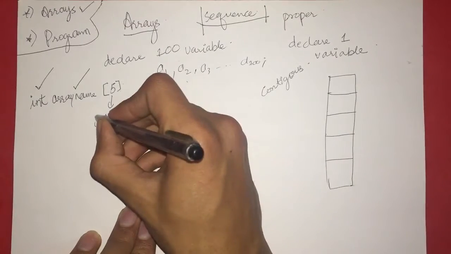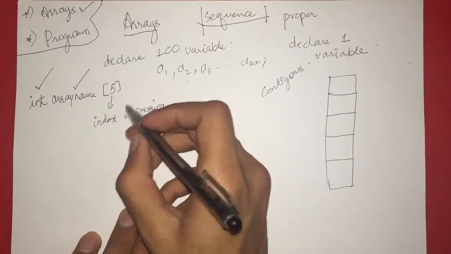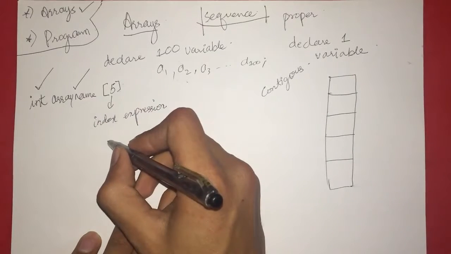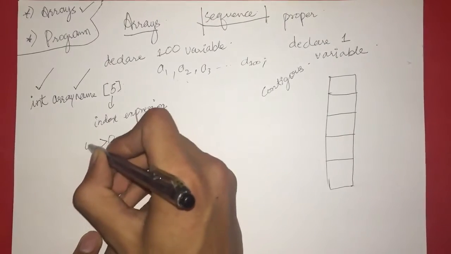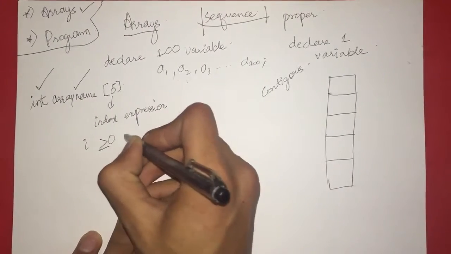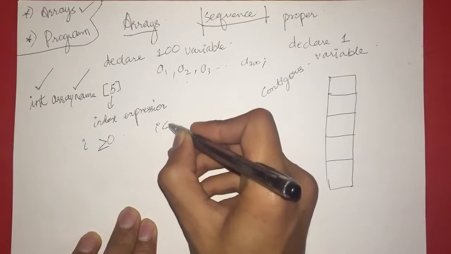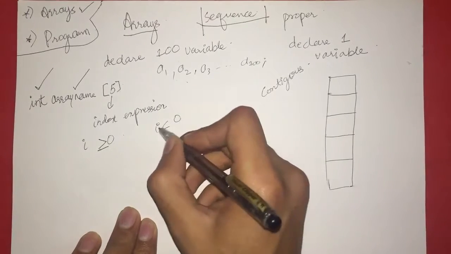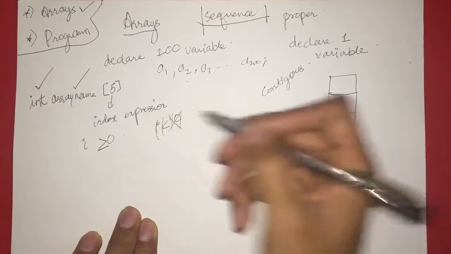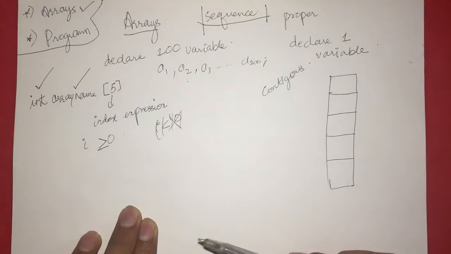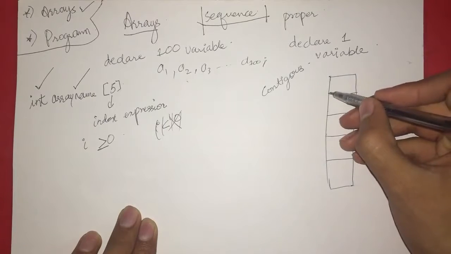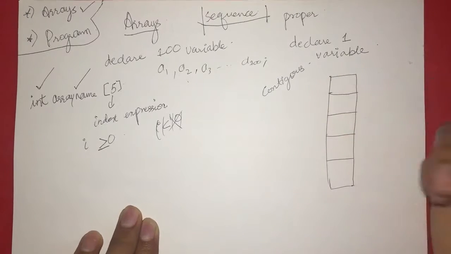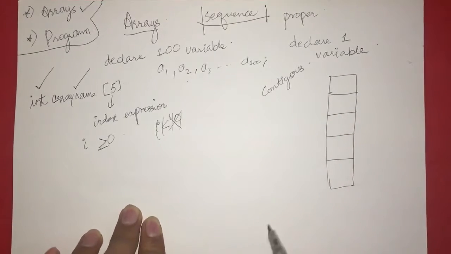It has to be an integer, a positive integer, meaning the index can be greater than or equal to 0. It cannot be less than 0, because that way you would be holding negative places for the variables in memory, and that's practically impossible.